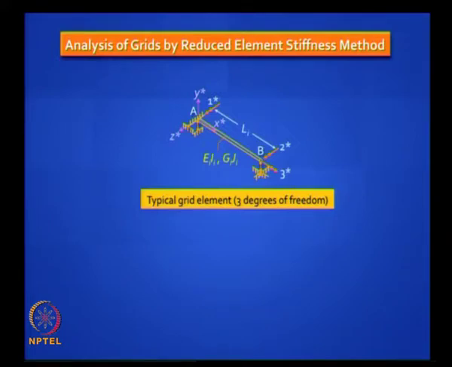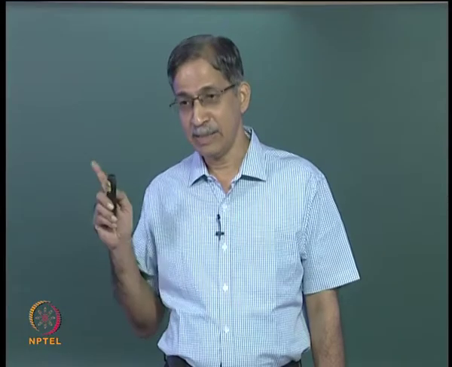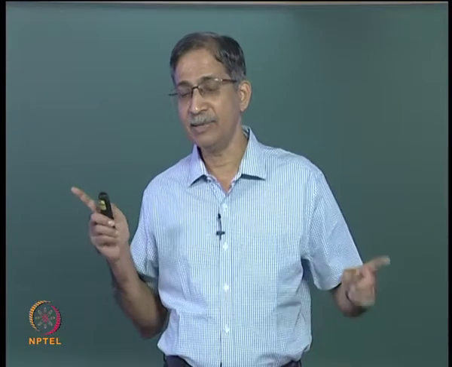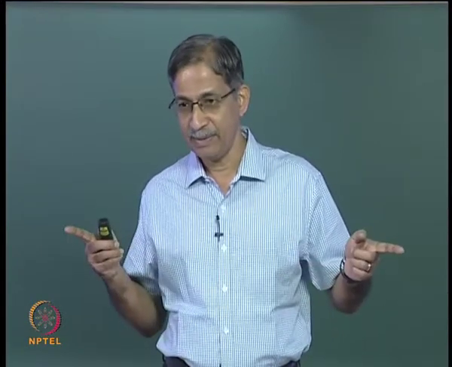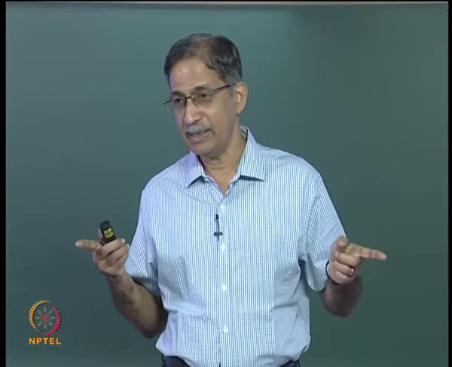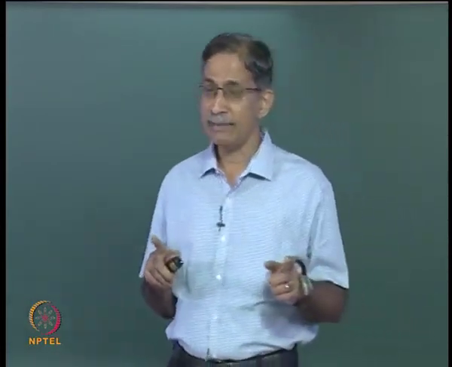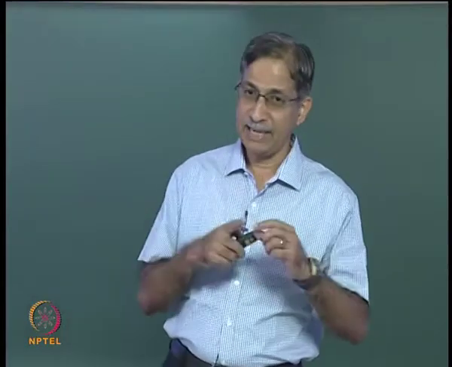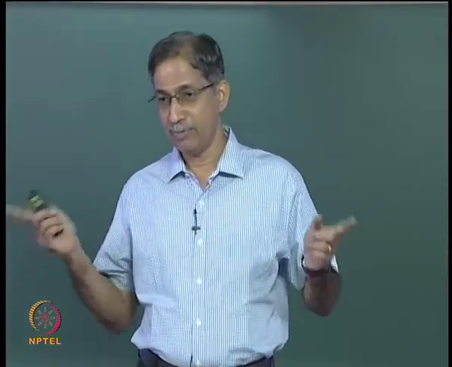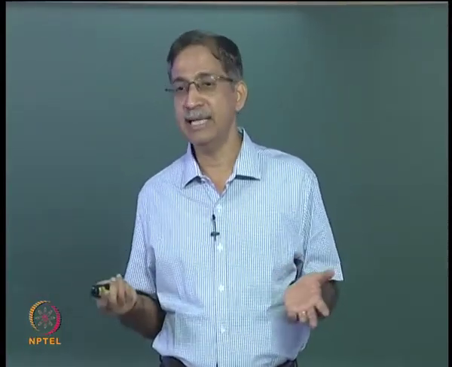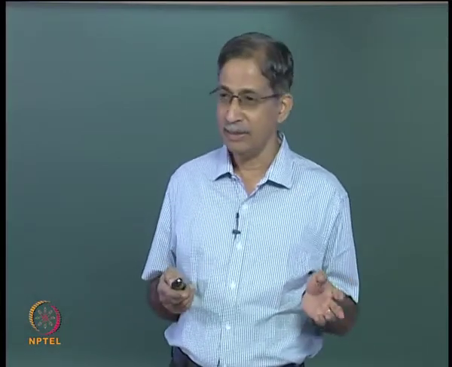D1 star referred to an elongation in the element: elongation is positive, contraction is negative. We also had F1 star for the axial element: if positive, it means axial tension; if negative, axial compression.